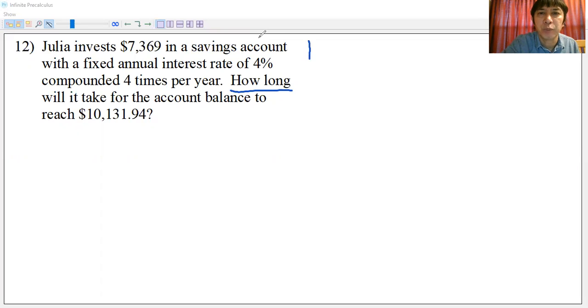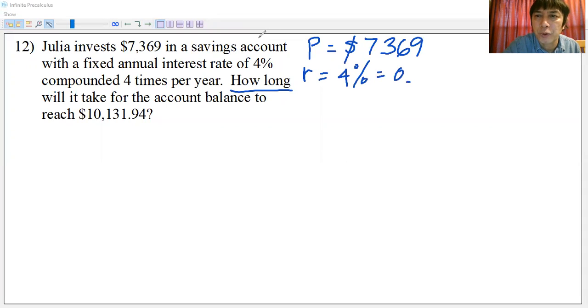All right. So we are going to have the data first. Amount invested, P, that's $7,369. Annual interest rate is 4%, this is 0.04.